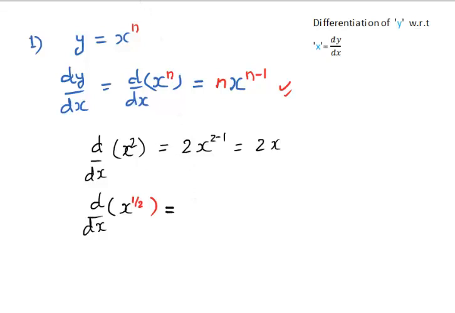So n is half. So you will write here n, which is half, x to the power of half minus 1, which can be written as half x to the power of minus half, which is just 1 by 2, and then this can be written as 1 by root x.